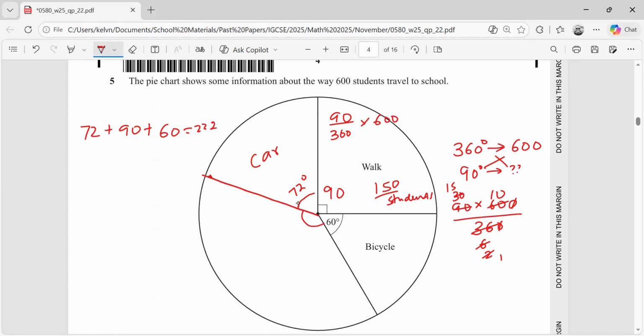It will be 360 minus 222, and this one will be 138. Yes, it's 138. So the remaining ones, represented by 138 degrees, will be those students who travel by bus. Yes, correct.